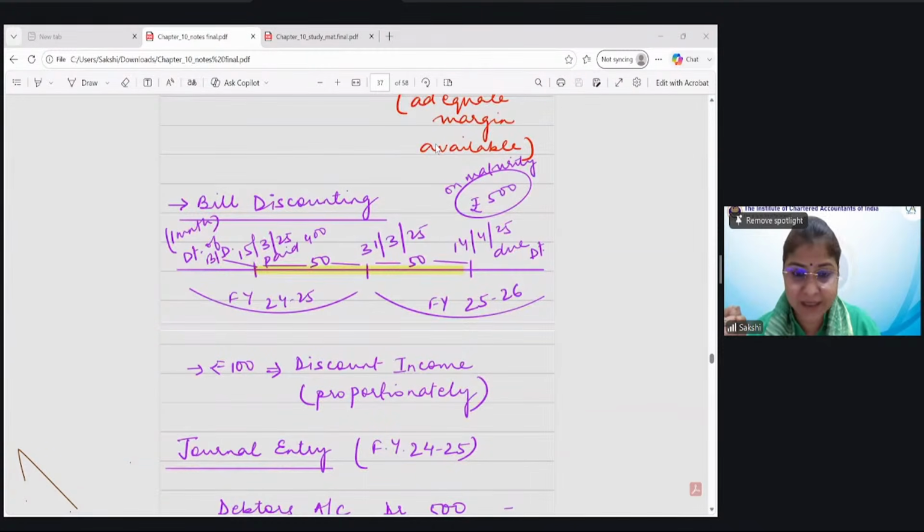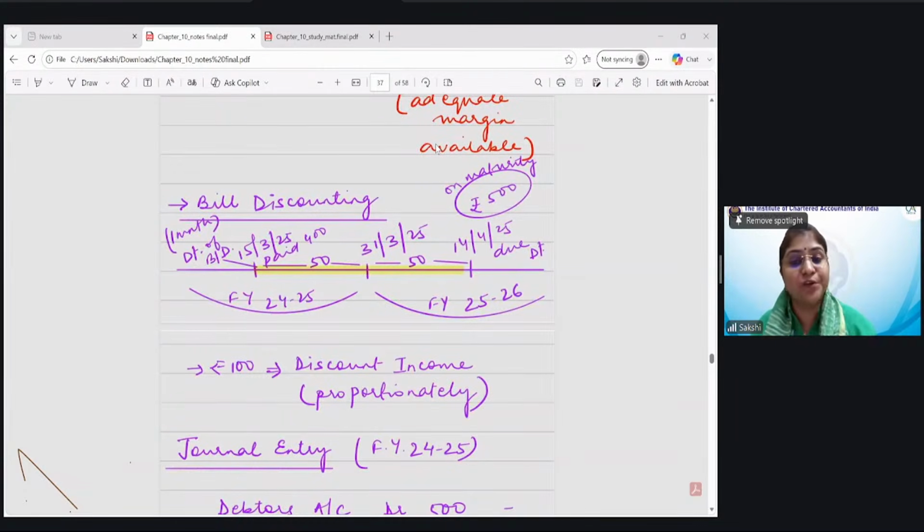Are you understanding this? But I go to the bank on 15th March and say, bank, please discount this bill for me today. Bank will say, okay. For which I had to get 500, the bank is discounting me for rupees 400. The bank is paying me 400. So what is the discount income for the bank?